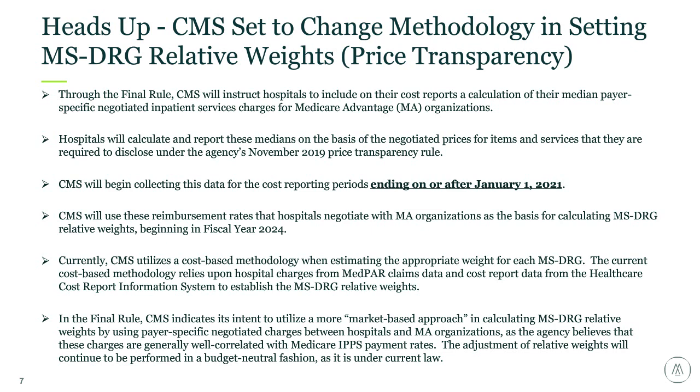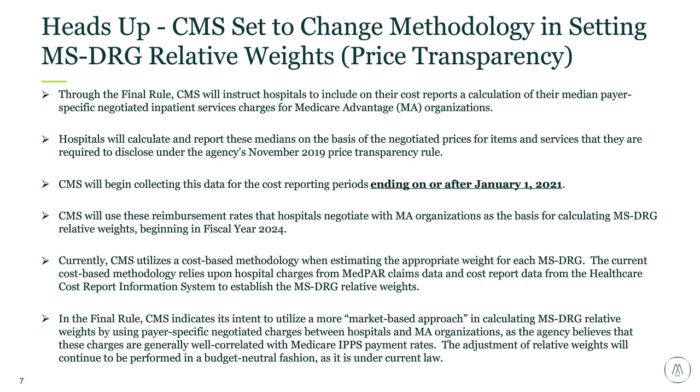So for all you that fill out a cost report every year, CMS will instruct hospitals to include on their cost reports a calculation of their median payer-specific negotiated inpatient service charges for Medicare managed care, also known as Medicare Advantage organizations. CMS is going to begin collecting this data for cost reporting periods ending on and after January 1st, 2021.